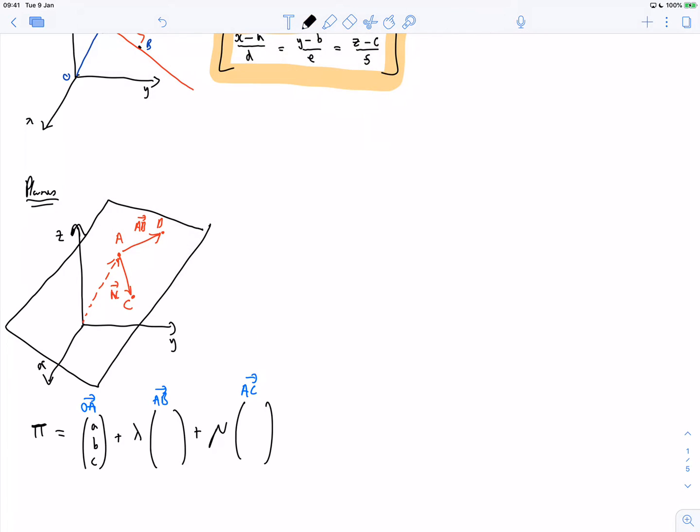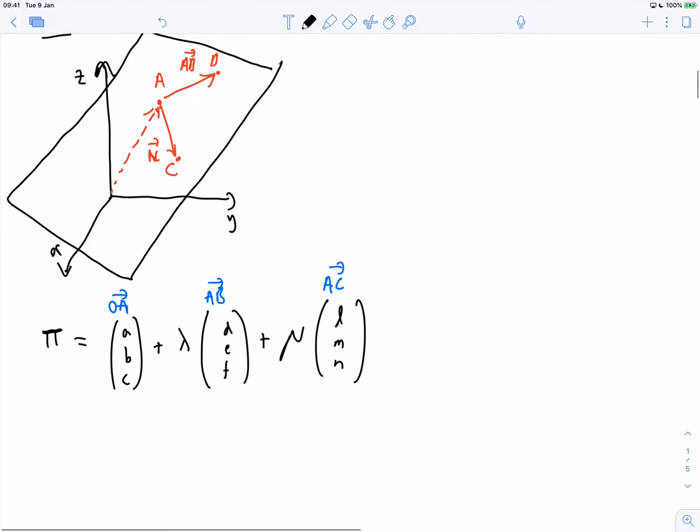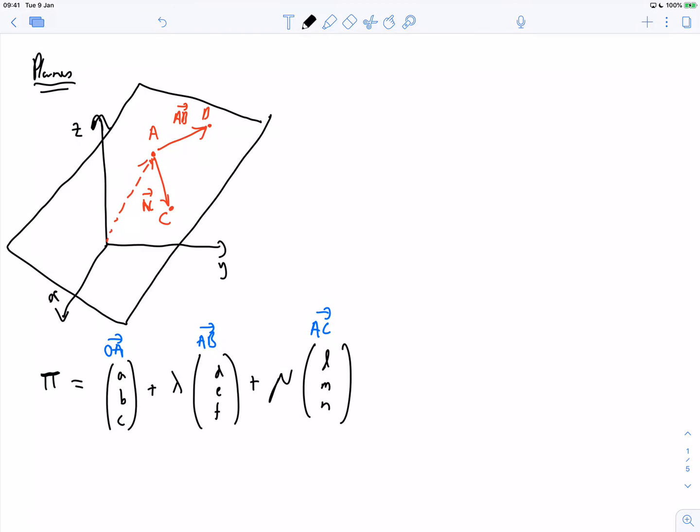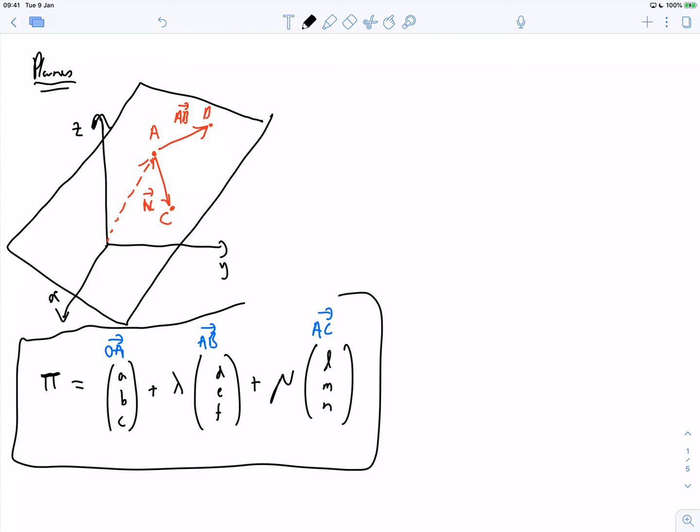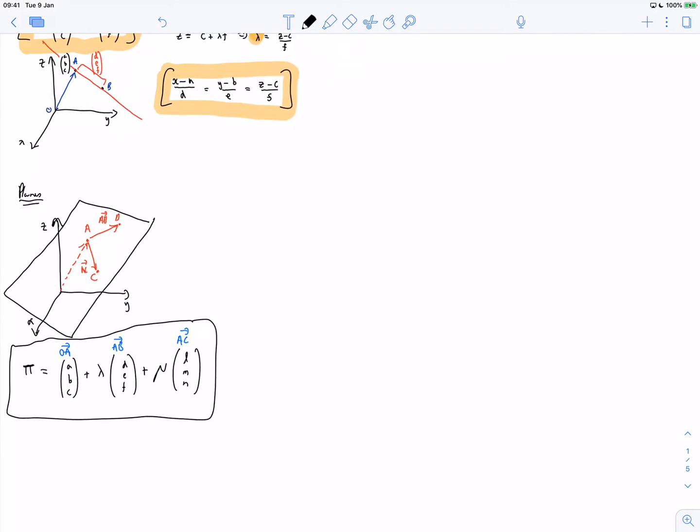Let's just fill these with arbitrary constants, not to spook you. Let's call them L, M, N. Okay, so a plane in vector form has an equation like this. Essentially you need that extra bit of information because you're covering a space rather than a line.